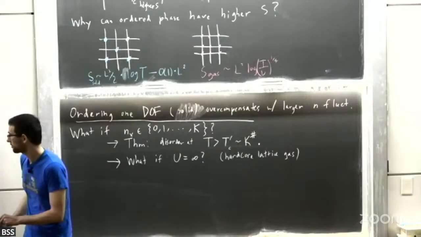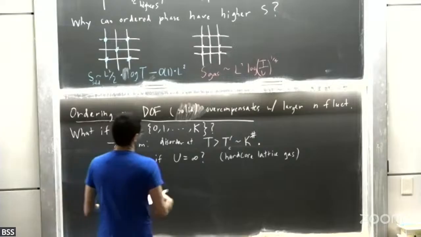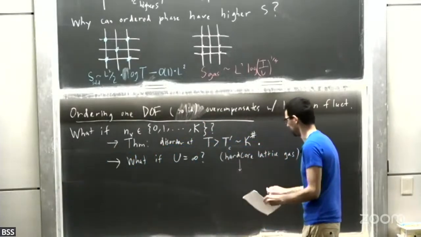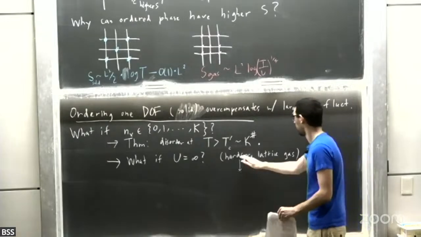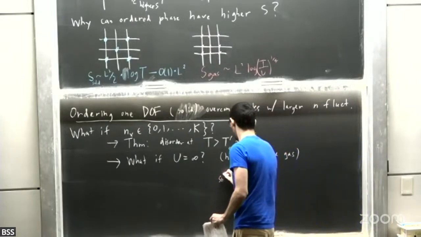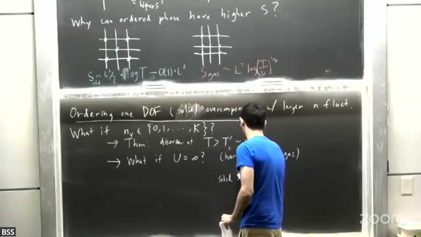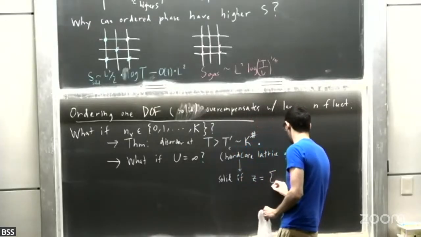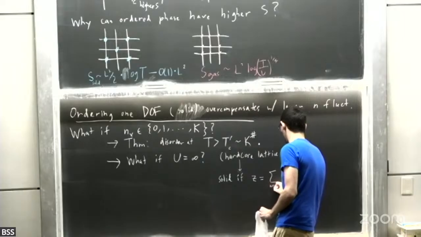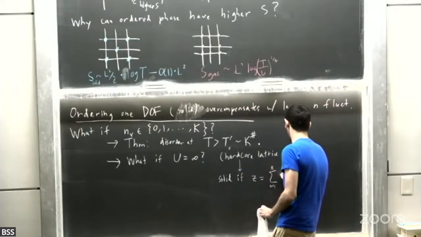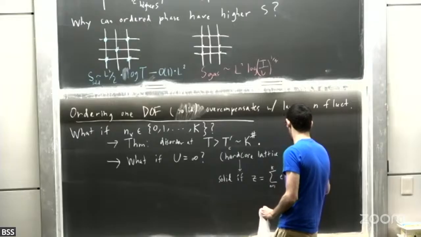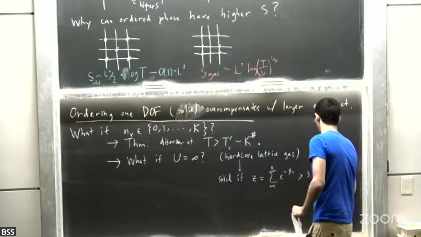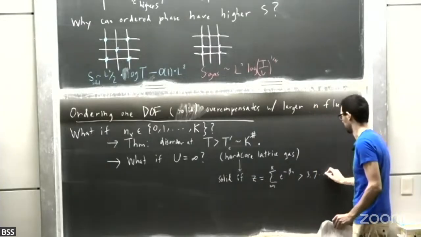This model was studied to death in the 1970s and 80s. The hardcore lattice gas is a solid if the fugacity z, which in our model would be just the sum from n equals 1 to k of e to the minus beta n, is larger than 3.7 something something.